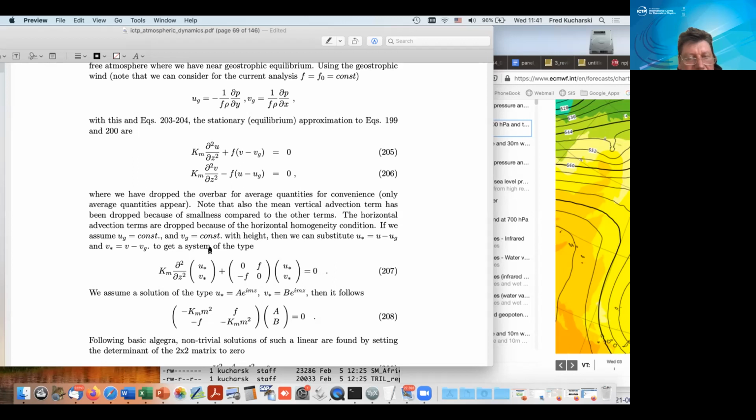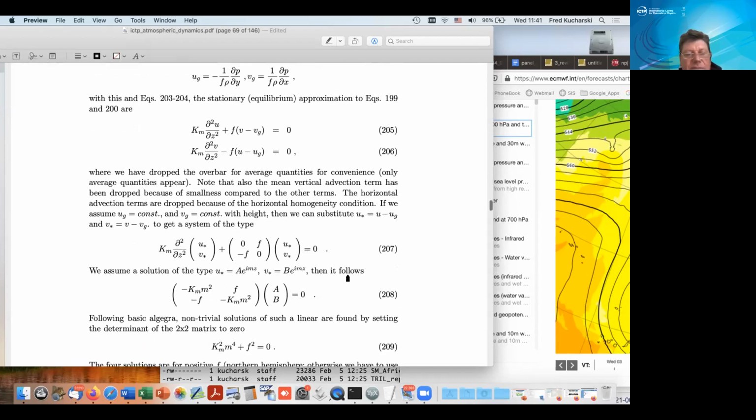And as you can see, we can write this Coriolis term as a matrix 0 F minus F 0 applied to U star V star. Now you can simply apply this matrix multiplication and you get back these two terms when you insert the U star in the definition of the V star.